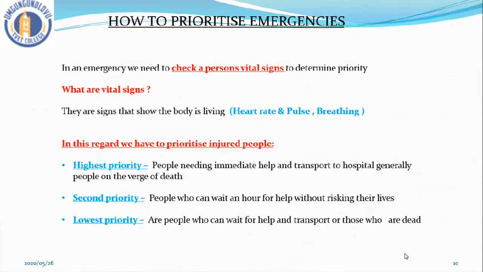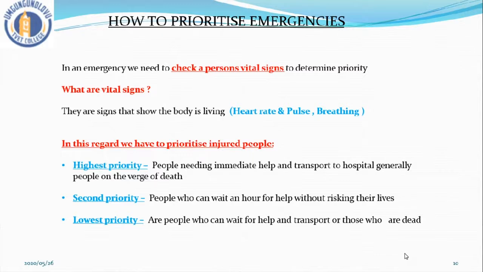In this regard, we have to prioritize injured people. There are three types of priorities. 1, highest priority. 2, second priority. And 3, lowest priority. When we speak about the highest priority, it's people needing immediate help and transport to hospital, generally people on the verge of death.